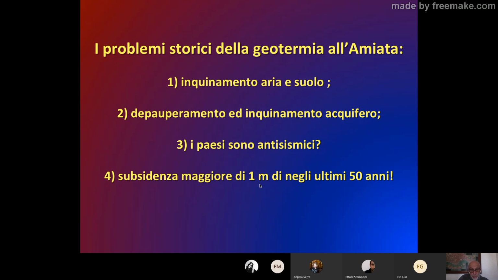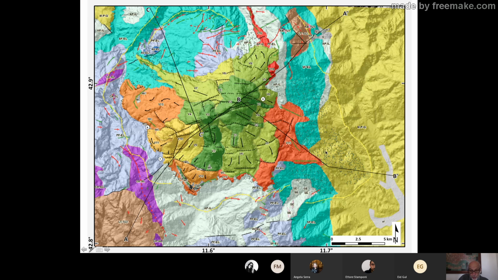So we have seen the map with the geology of Amiata. The geothermal fields are to the southeast and the southwest. The main villages here are Santa Fiora and Bagnore, right in the geothermal field. Piancastagnaio and Abbadia are here, again right in the geothermal field.